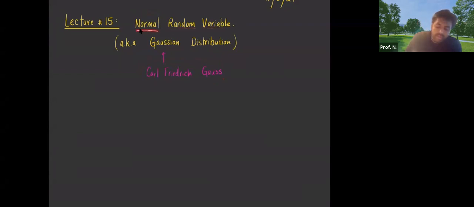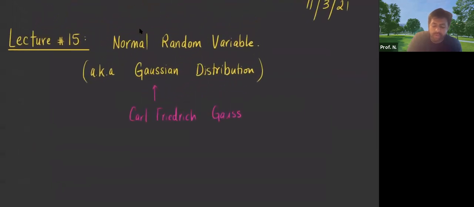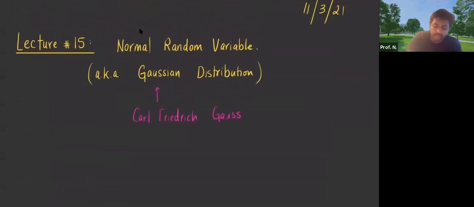And the reason why it's called normal is because, as we will see later, many random variables or data sets, distributions, tend to have a certain similarity as we have larger and larger numbers of data points. They tend to have a distribution similar to the normal.